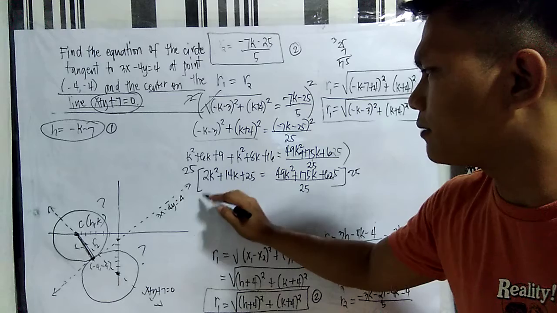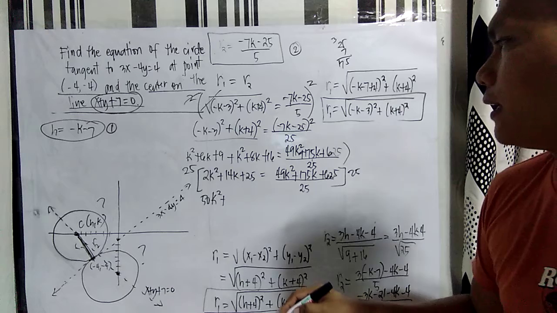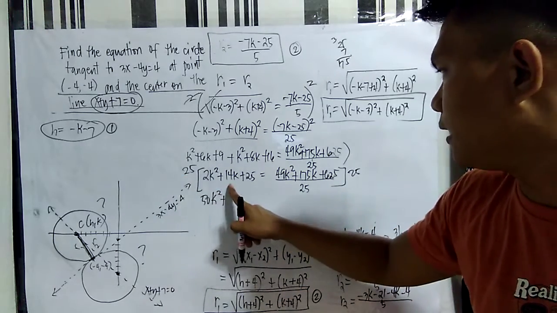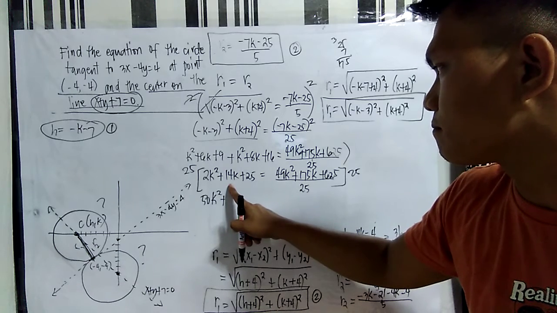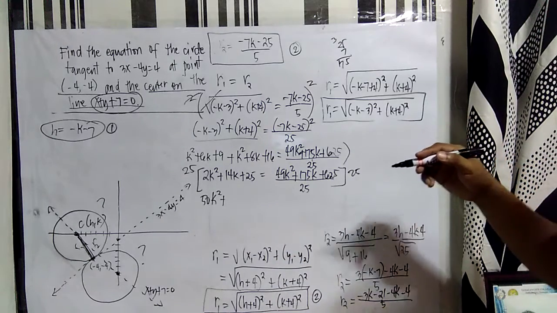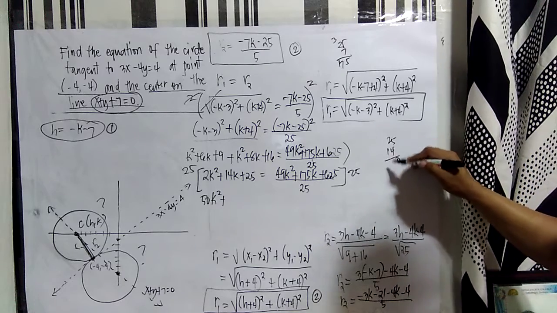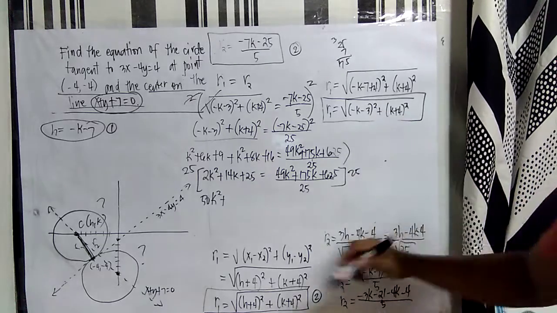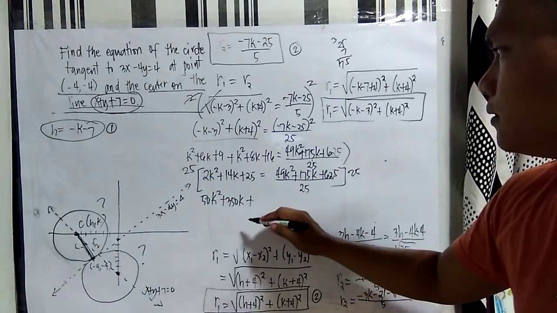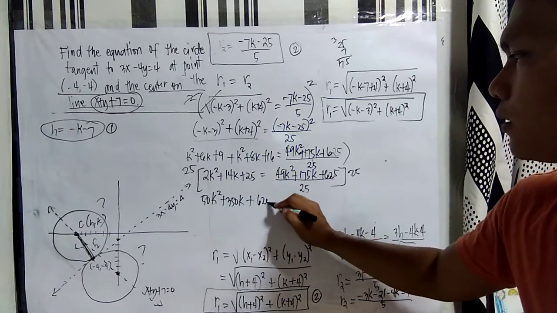So that is 25 times 2k square, 50k square, and what is 25 times 14k? What is 25 times 14? 350k, plus 625.